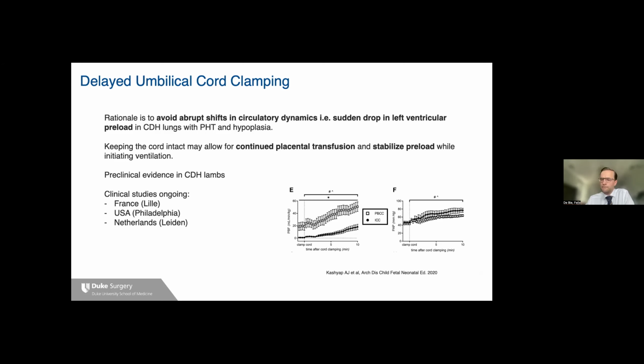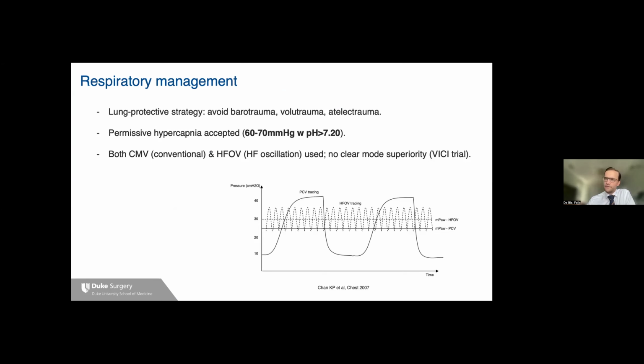In postnatal management, we talked about lung protective strategies, mostly aiming to avoid barotrauma, volutrauma and atelectrauma. One way to do that is to allow for hypercapnia to a certain extent, making sure that your pH is above 7.2, but you cannot go up to levels in the 60s and 70s, especially in those kids with those very friable lungs.